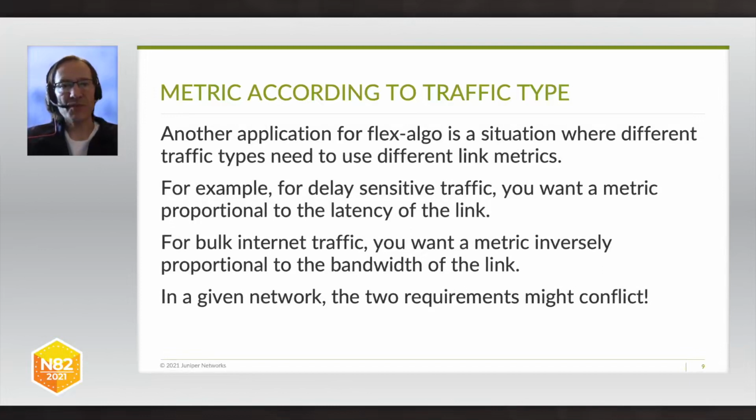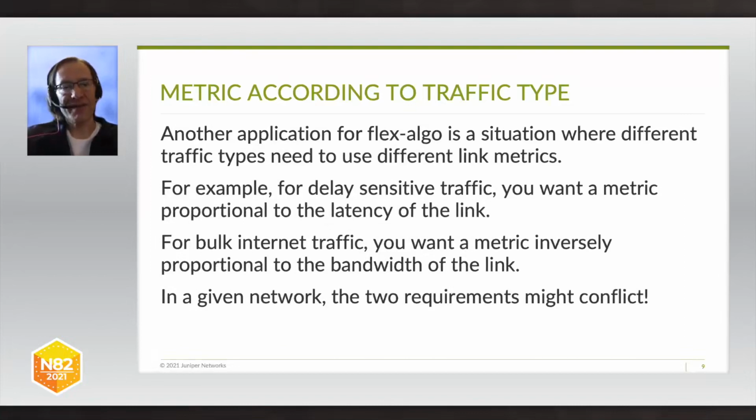A classic example is where you've got some delay sensitive traffic, and for that you'd want to use a metric proportional to the latency of the link. On the other hand, for things like bulk internet traffic, you want the cheapest cost path, which typically is in accordance to the bandwidth of the link. So you want a metric inversely proportional to the bandwidth of the link.